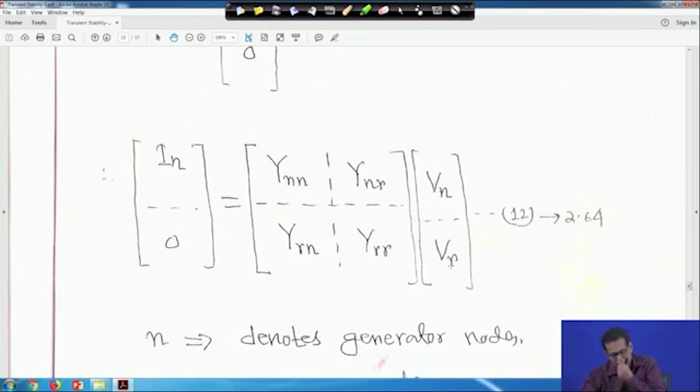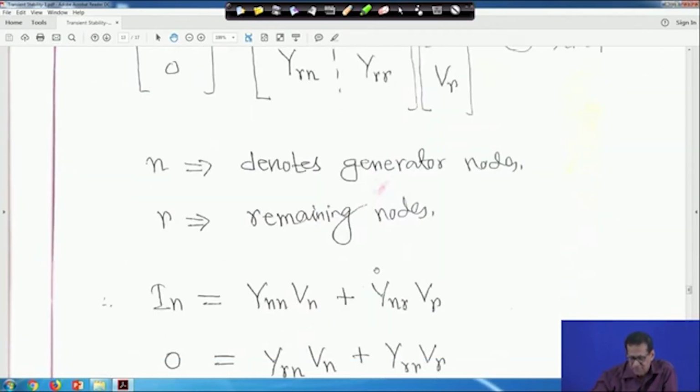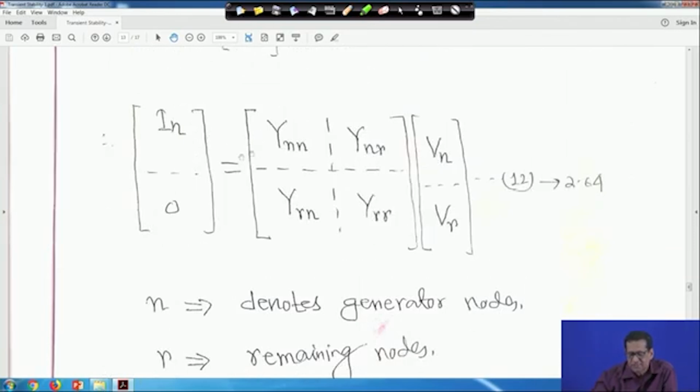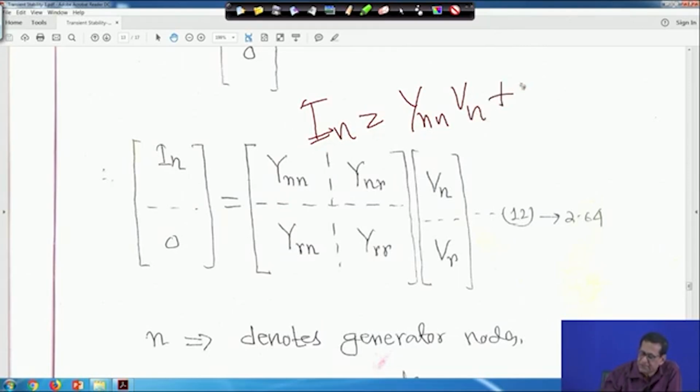When we take a few examples, at that time we will find things are very easy. Now, n denotes the generating nodes and r the remaining nodes. From this equation you can write two equations in matrix form. I n is equal to Y n n V n plus Y n r V r.